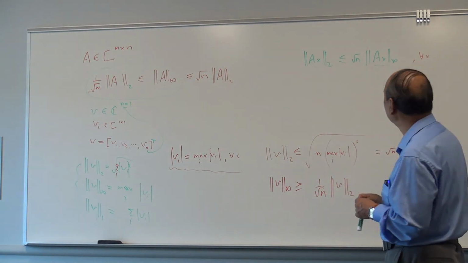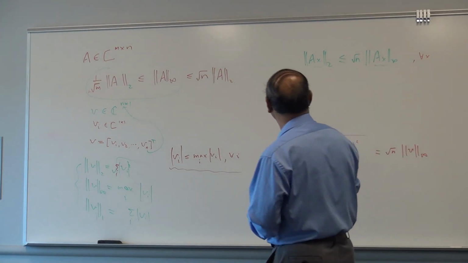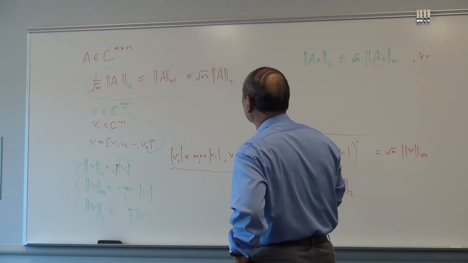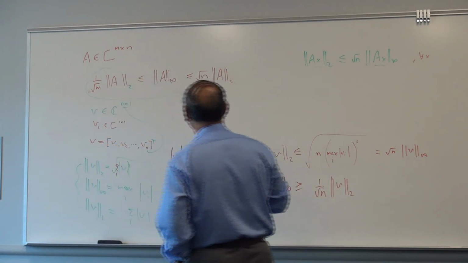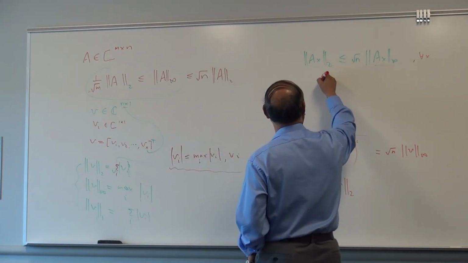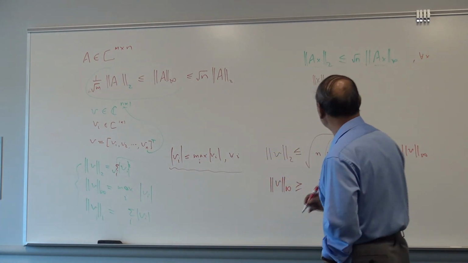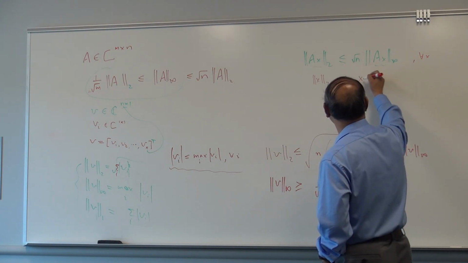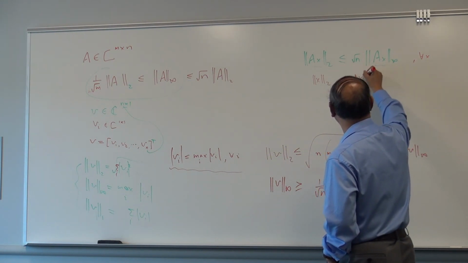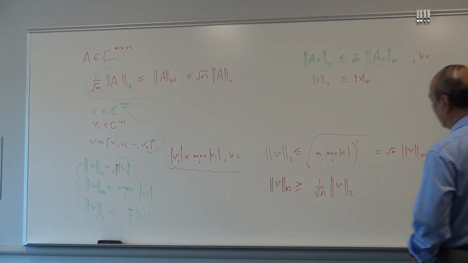What I'm trying to do here is divide by something. I also know that the 2-norm of x is less than or equal to... no, it's greater than or equal to the infinity norm of x.